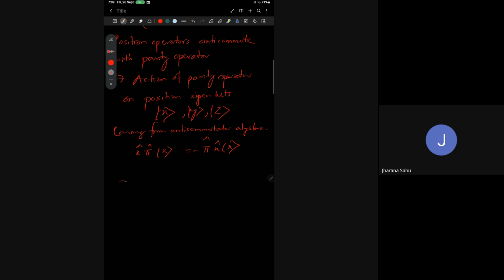Now what is on the left hand side? Pi operating on x will give me minus x, so x goes to minus x. And the right hand side, x operating on x, what will it give?